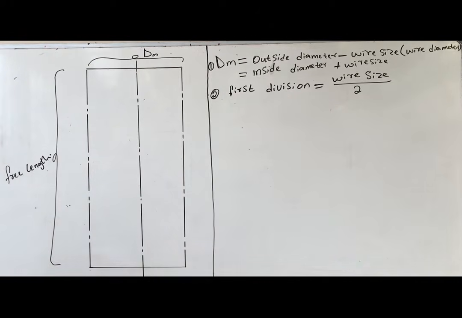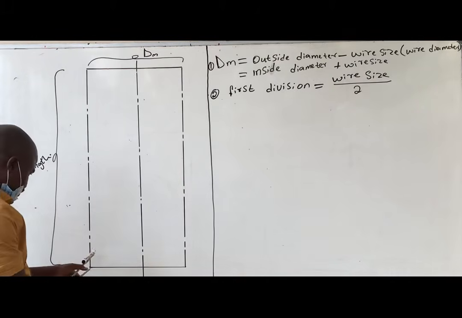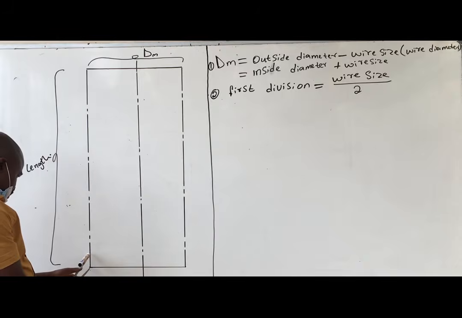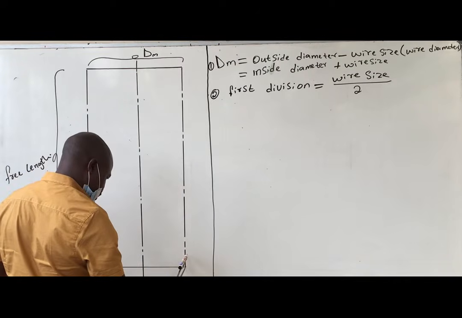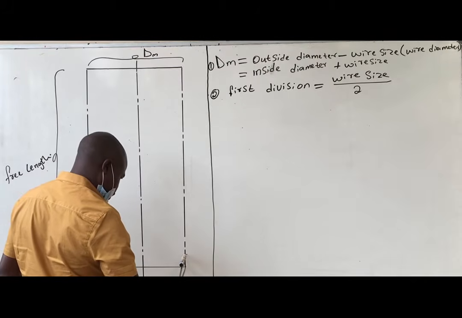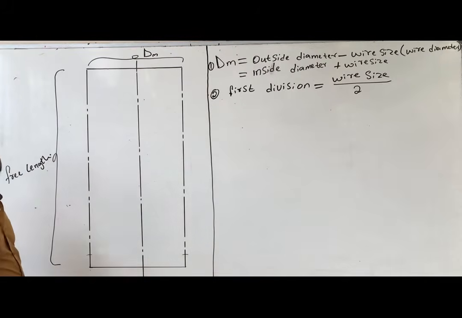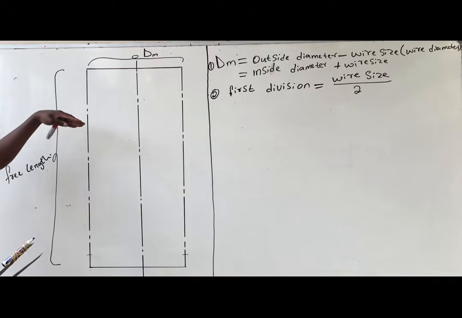Let me do it nicely. Even on a spring, we draw conventionally, meaning you measure from this side, you must also measure from the top.